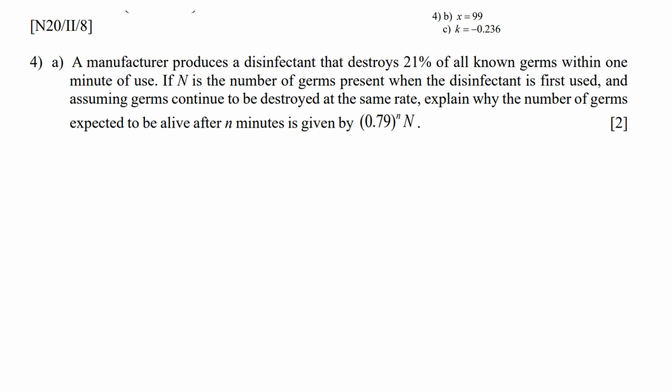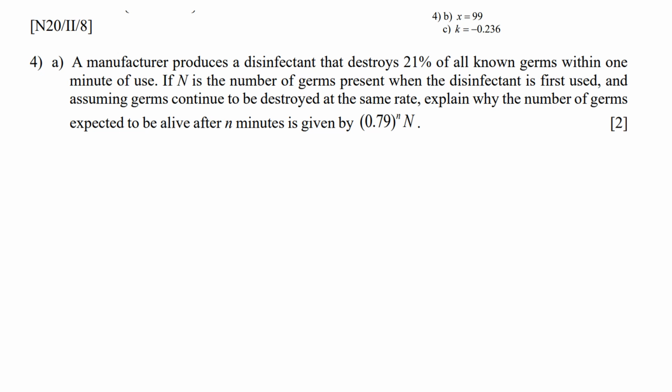Okay, so for this question here, it's quite similar to the formulas that we derived from compound interest. But in this case, instead of increasing, when the values get bigger and bigger, here it gets smaller and smaller. Because that is the aim of it.